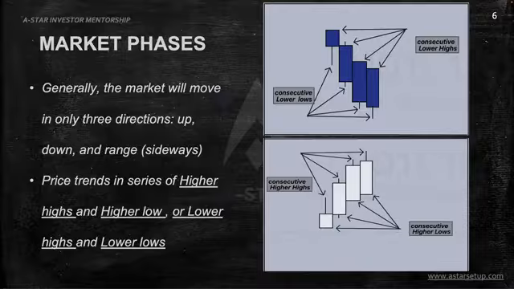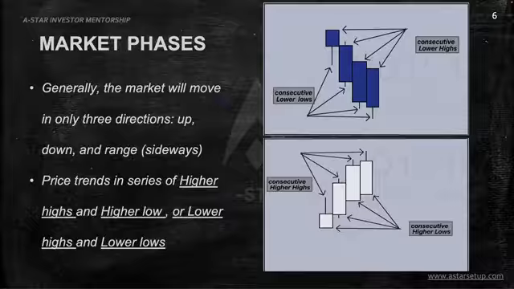Now, if you look at the diagram below it, where we have 4 white candles, 4 up close candles. By now, you should know what up close candles are. Do you notice how the top of each candle is higher than the previous candle's high? So the top of each successive candle is higher than the previous candle's top.